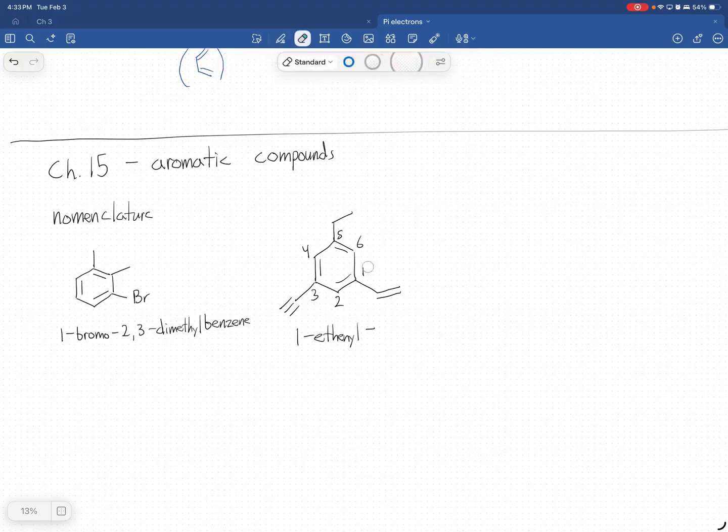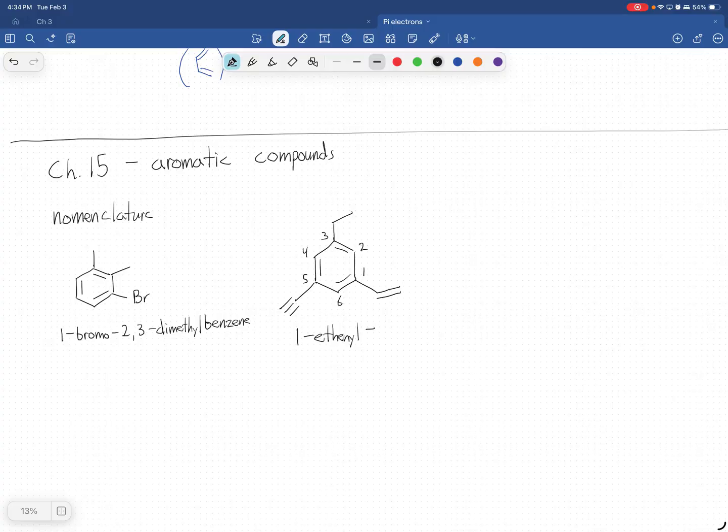Okay, let's go backwards. I have to check this out, but basically it's this, 4, 5, 6. And, oh, I think I know why. I think I know why it's this way.